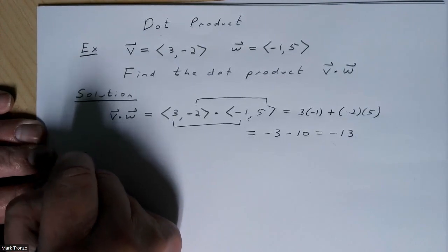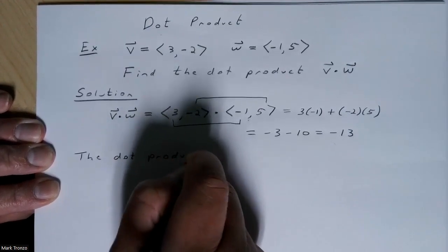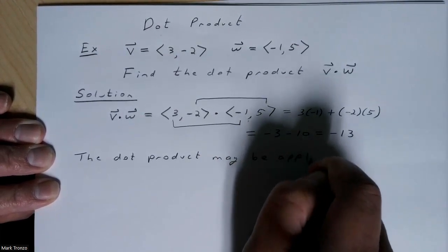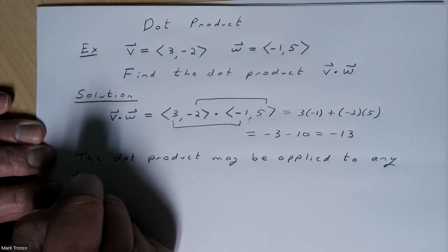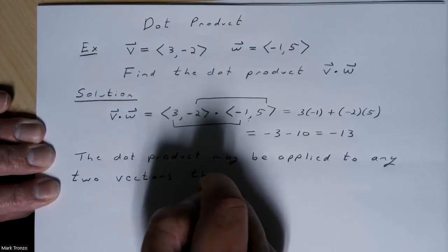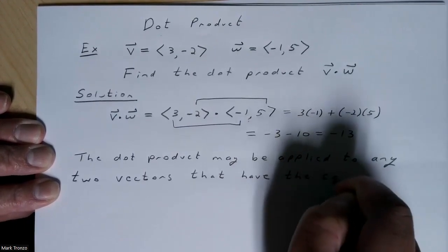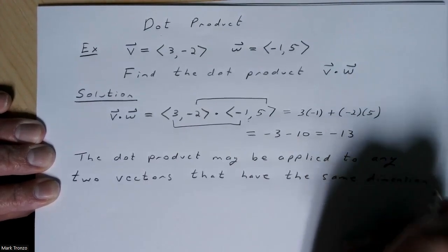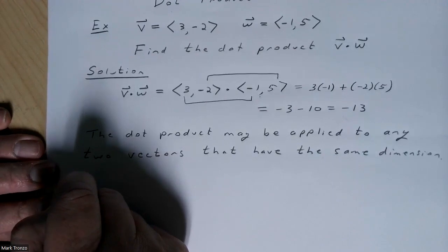So it could be 3-dimensional vectors, 4-dimensional vectors, etc. And let's do a 2-dimensional one.